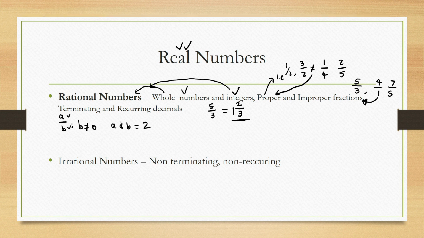Now, what is a terminating decimal? A terminating decimal is a decimal that has a finite digit or a last digit in it. So it does not extend or continue continually. I hope you get my point. For example, if you look at 0.25, we're now looking at terminating decimals.